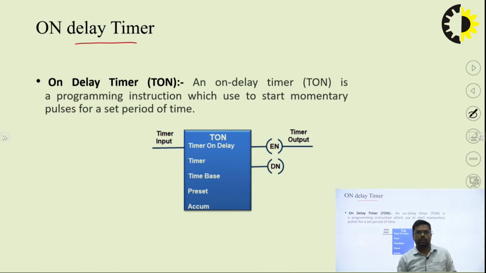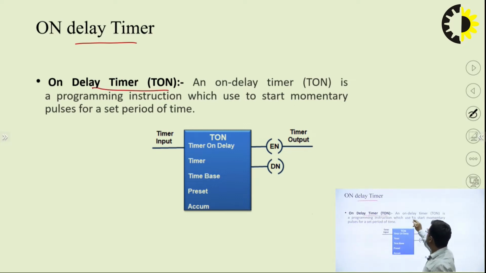What is the on delay timer? As I discussed already, if we want to start any process or operation after some sort of time, there we use the on delay timer.